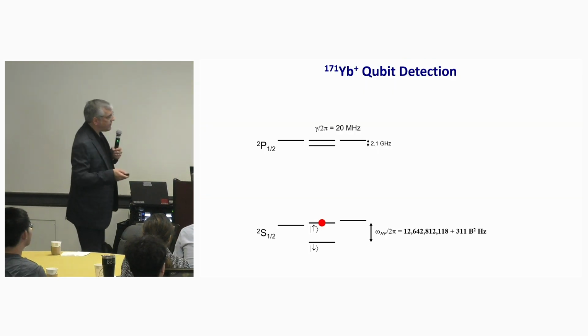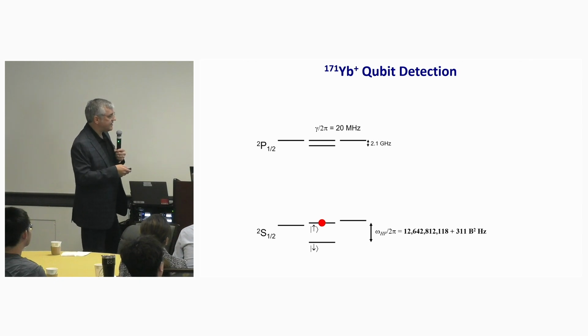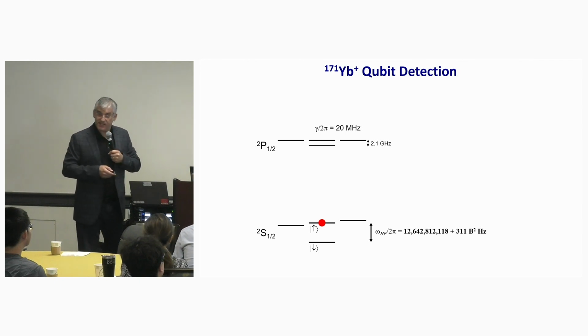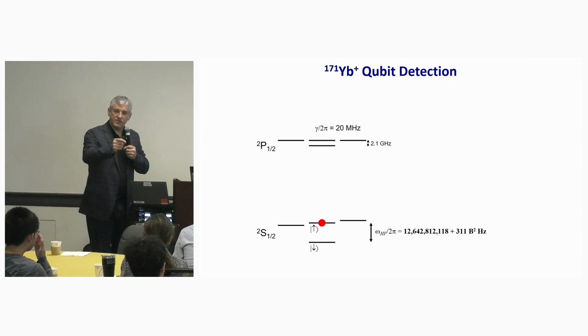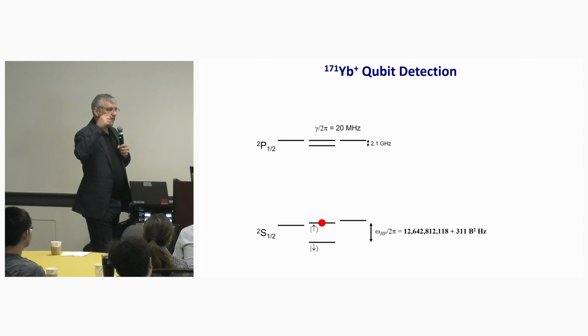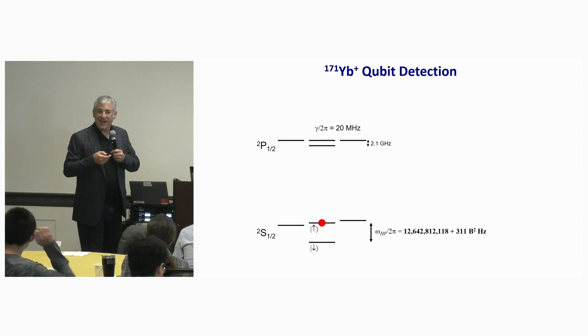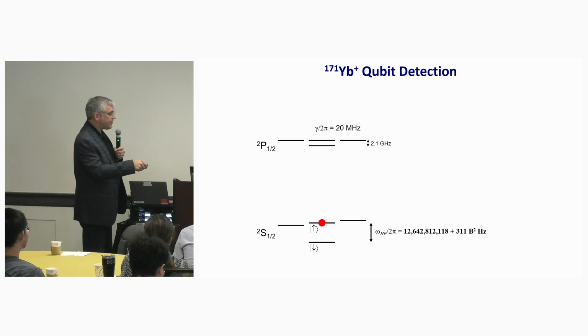Okay, ytterbium-171. Why ytterbium-171? Well, one reason is the electronic structure is very simple. It's a single electron atom. All the other electrons are sort of inner core. They're not excited, so they're kind of frozen out. So the one valence electron is a lot like hydrogen, and the nucleus has spin 1/2. And so there's a hyperfine structure.